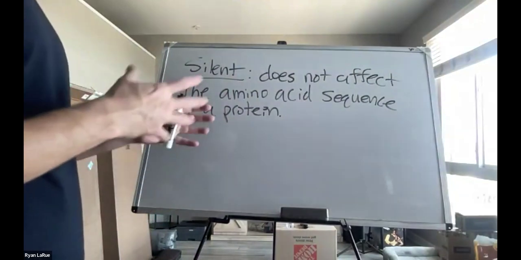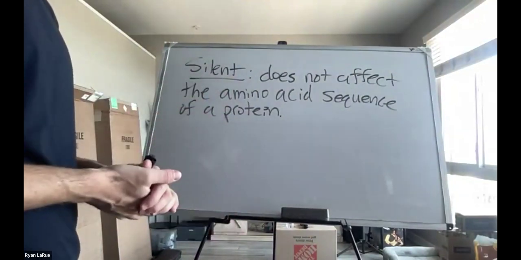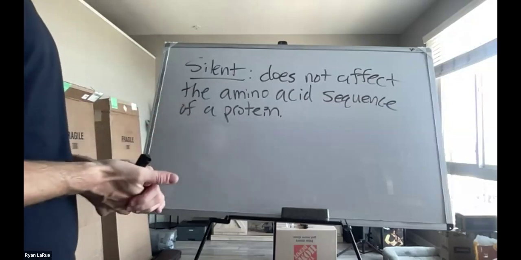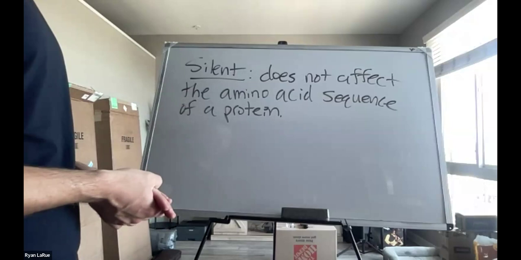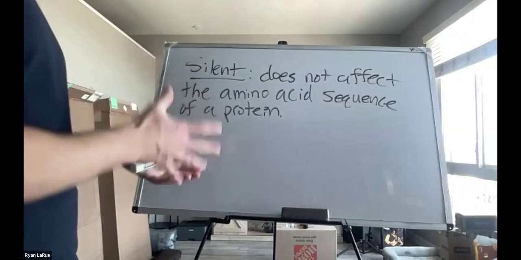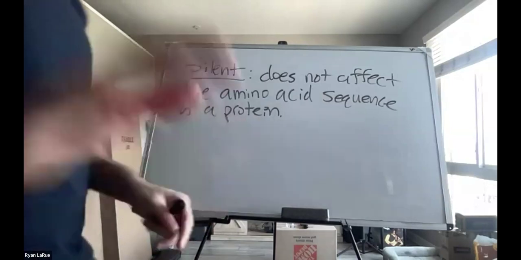Really meaning that the codon is going to change, of course, because you're changing one of the nucleotides. But this has to do with redundancy in the genetic code. In fact, let me bring up a genetic code image.